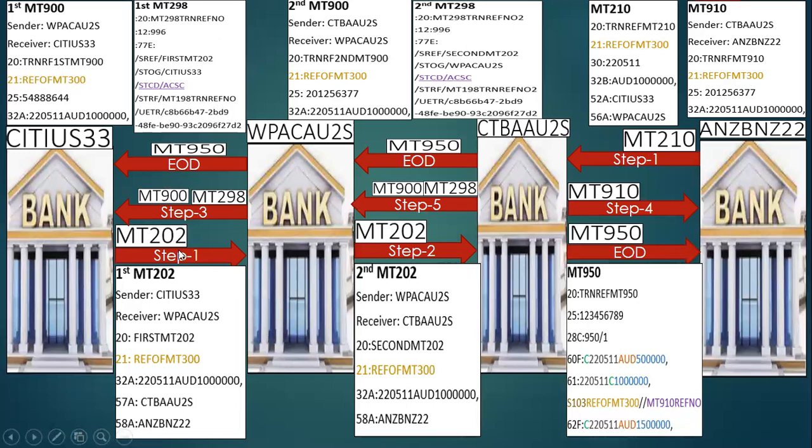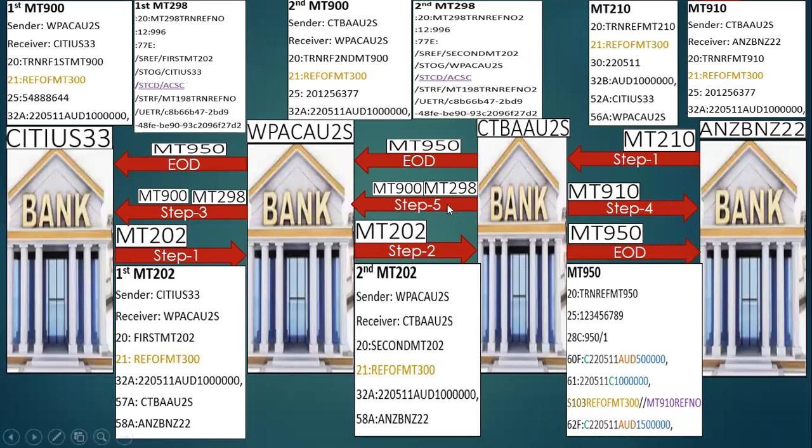And City US Bank would send out this amount in field 32A via MT202 to this bank, and Westpac AU2S will then debit its Nostro account, and then it will credit Commonwealth Bank of Australia via this clearing and settlement mechanism. And they will finally send out this notification, the credit advice, that your Nostro account has been credited. And there are a lot of messages also involved over here.